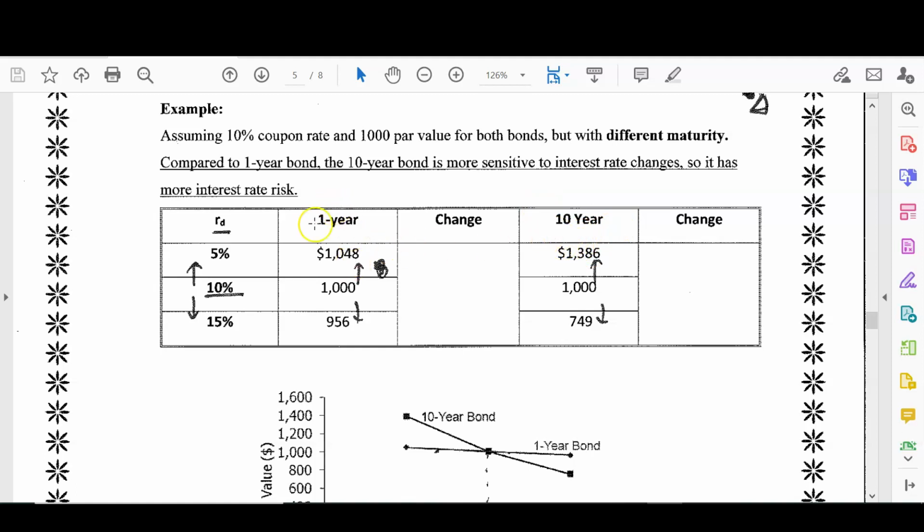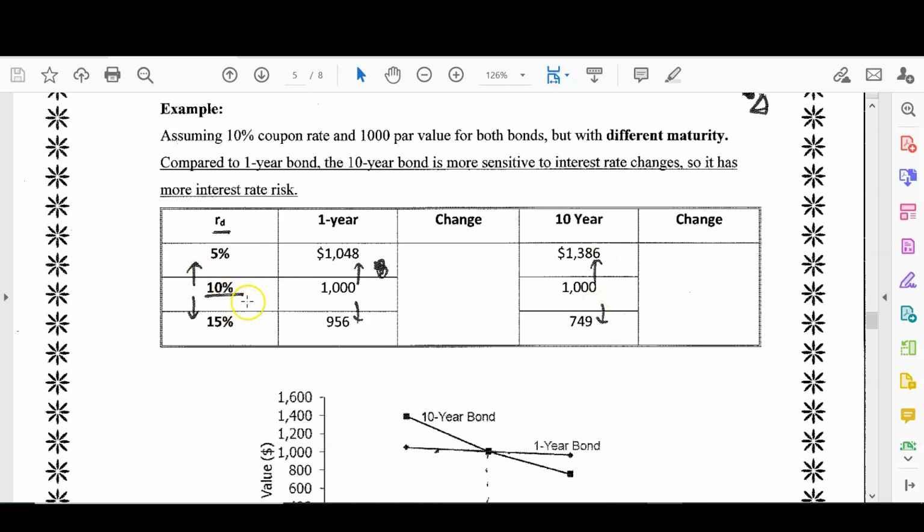Here we can see that when RD changes from 10% to 5% or from 10% to 15%, the 1-year bond increases from 1,000 to 1048 or decreases to 956. However, the 10-year bond increases more to 1386 or decreases more to 749.